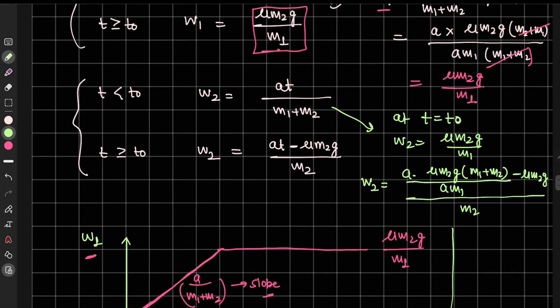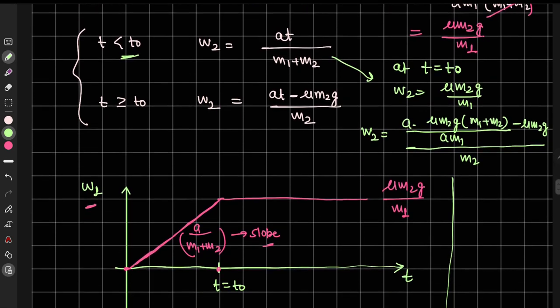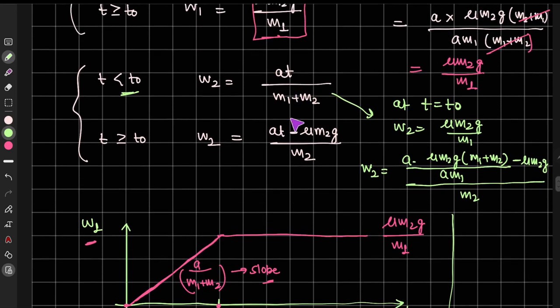So at the time instant t is equal to t naught, we are having the same acceleration from these two values. So that means the graph is again continuous. Okay, but the slope here is changing. If you see this particular case, we can write y is equal to m times t, where m is the slope, and that is given as a upon m1 plus m2.